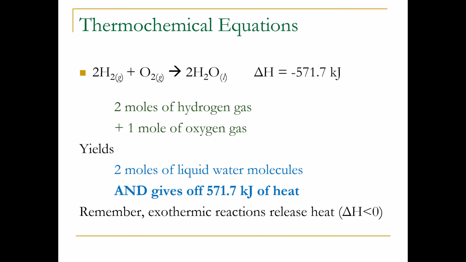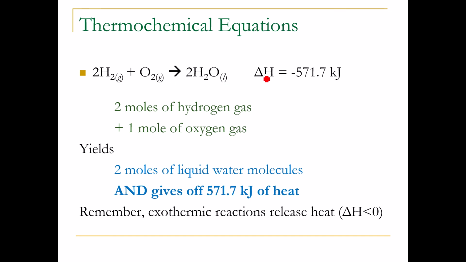So when we talk about the concept of this, let's make sure everyone understands what the thermochemical equation is telling us. For this example, we have 2 moles of H2 and 1 mole of O2 forming 2 moles of H2O. Gases are listed for the H2 and O2, and liquid for the water.